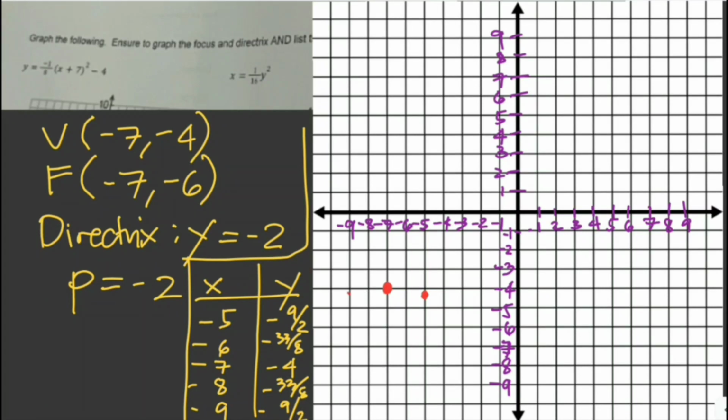Oh, this is 4.5, sorry. So when x is negative 5, y is negative 4.5. When x is negative 9, y is negative 4.5. So when x is negative 6, that is negative 4.125, somewhere here. When x is negative 8, yeah. So our graph would look like this.